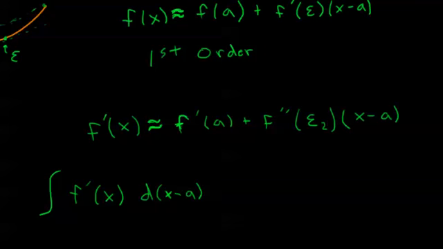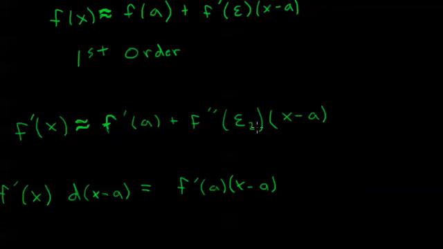x minus a equals f prime of a times x minus a, and then the next term is plus f double prime of epsilon 2.